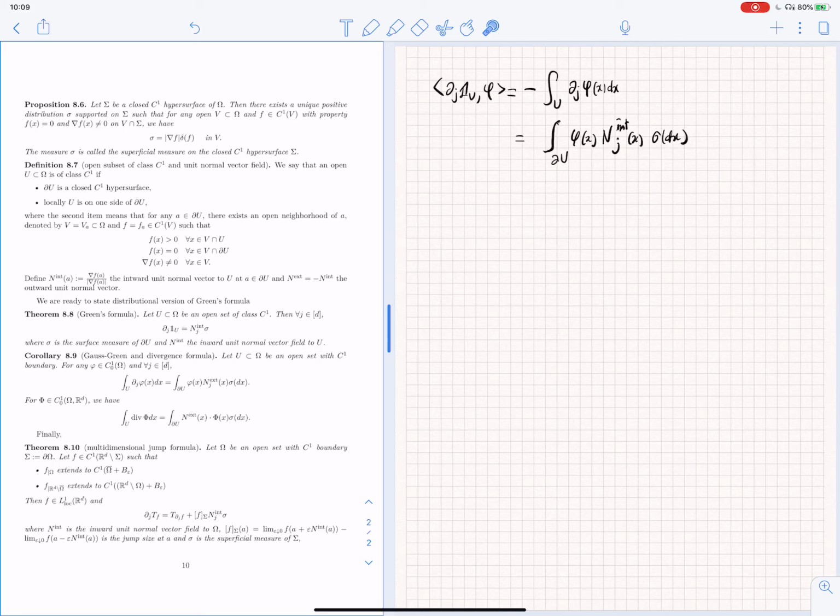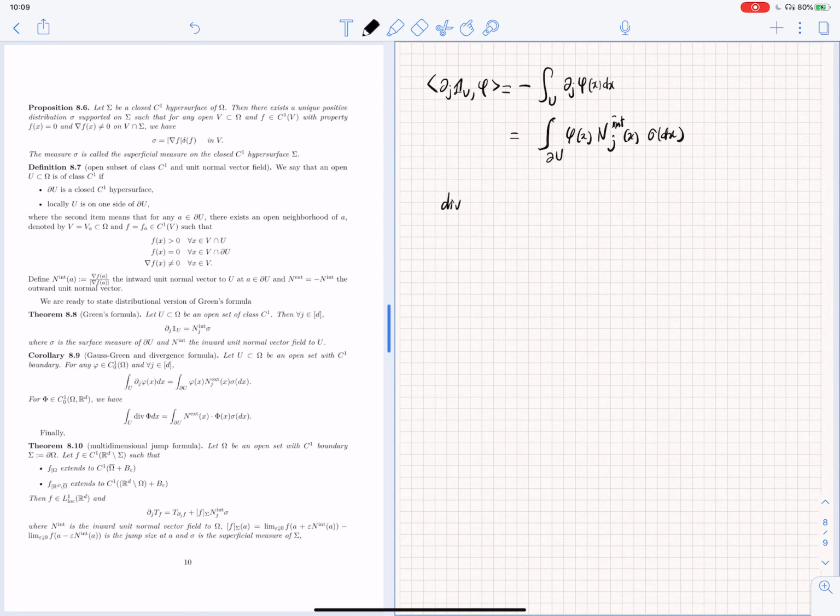On the other hand, if we put everything together in here, recall the divergence of a vector-valued function. Here we assume that chi is a C1 function on omega, which maps to R^d, so d-variate.